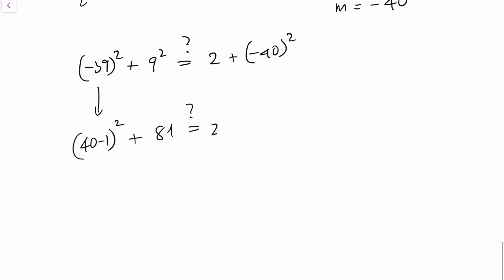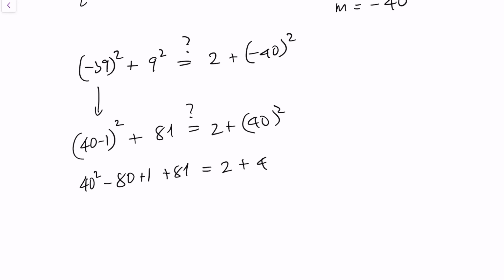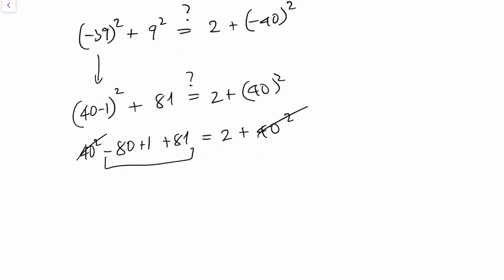Is it equal to 2 plus 40 squared? So we have 40 squared minus 2 times 40 plus 1 plus 81 equal to 2 plus 40 squared. So let's get rid of the 40 squared. On the left hand side we have 82 minus 80, which is 2, which is equal to the right hand side.